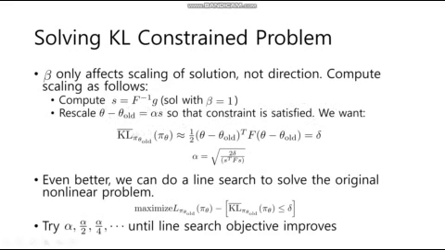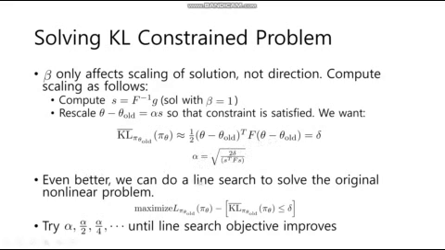So we want the KL divergence, which we approximate in this way, to be the same as delta. Then we set theta minus theta old as alpha S. So this is alpha S transpose F S. And if we solve this equation, we can get alpha equals this.